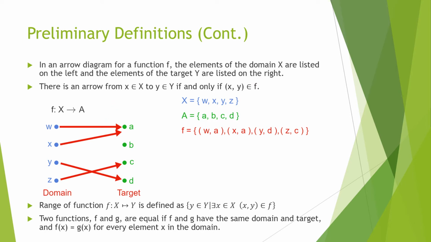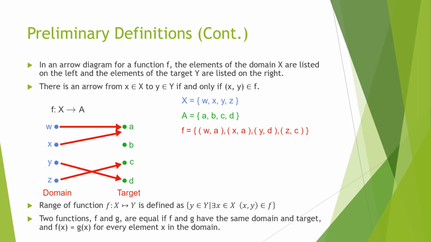So if there's an arrow from one of the elements in the domain like x to one of the elements in the target like y, then we say (x, y) should be in f, which means that the ordered pair (x, y) is in f. So if we have an ordered pair like this, we have to draw an arrow from x to y, and if we draw an arrow from x to y, it means that the ordered pair (x, y) is in f.